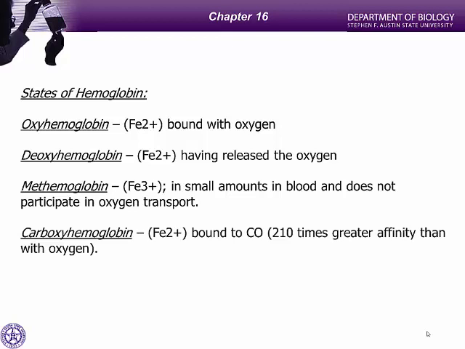Now, let me just caution you here, because notice, this is not carbon dioxide binding. It's carbon monoxide. And carbon monoxide binds 210 times stronger than oxygen does to that iron molecule. This is why carbon monoxide poisoning is so dangerous, and really the only way you're going to rescue someone that is suffering from carbon monoxide poisoning, if they're still alive, is to flood their system with oxygen, overwhelm the system with oxygen.